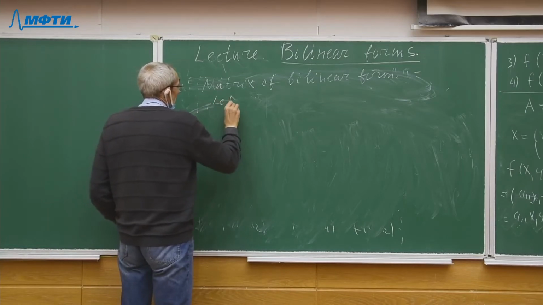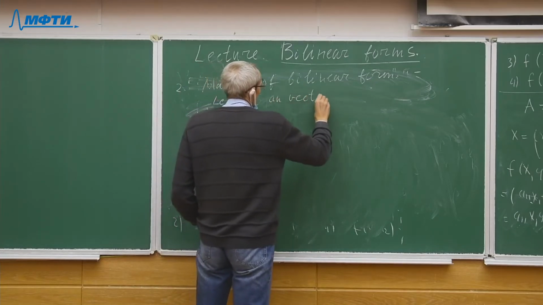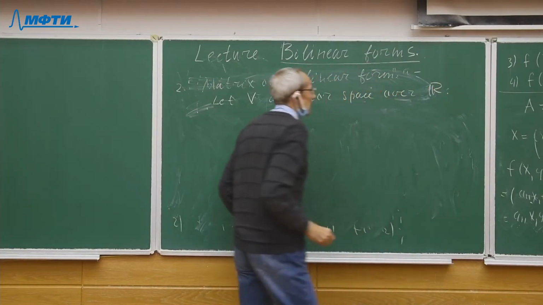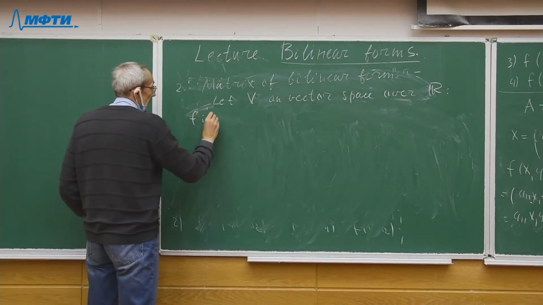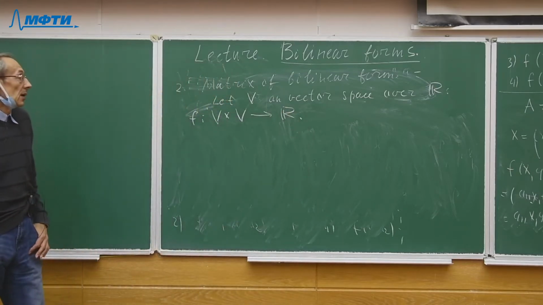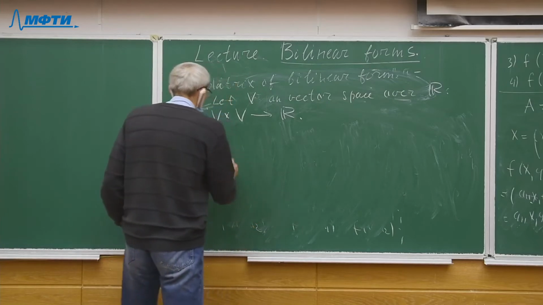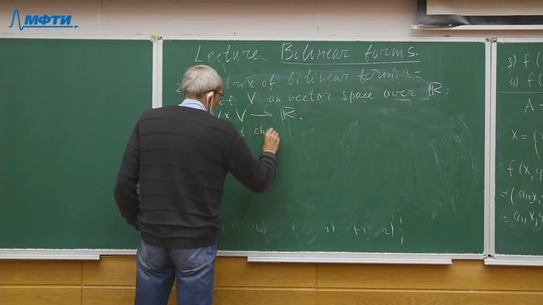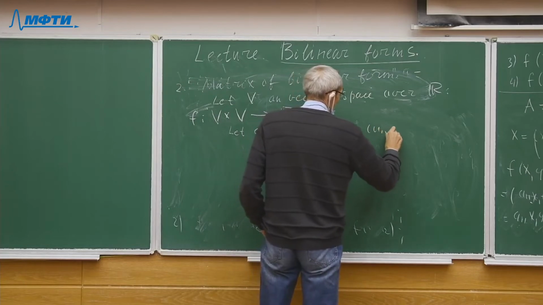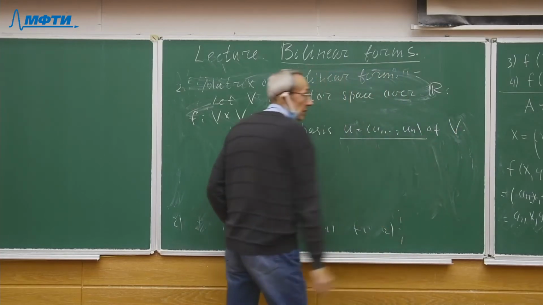Let V be a vector space over the real numbers, and let F be a bilinear form from V times V onto R. Let's choose a basis u1, ..., un of V. Choose some basis.